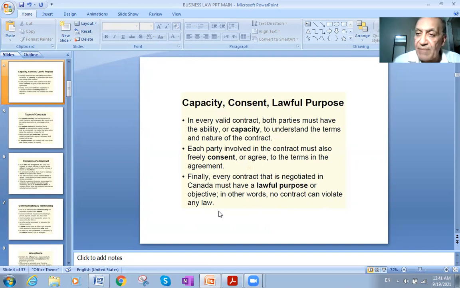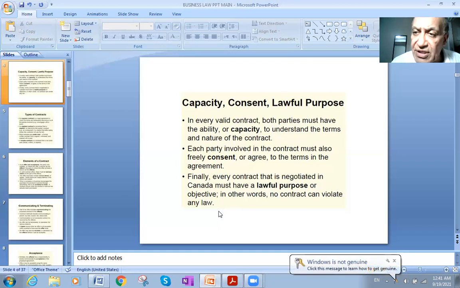As an example, if you want to make a contract about sex trafficking or child trafficking, no. If you want to make a contract about trading in cocaine or morphine, no. If you want to make a contract regarding selling a subway station to someone, no, because subway stations are owned by the government or the municipality of Ontario.